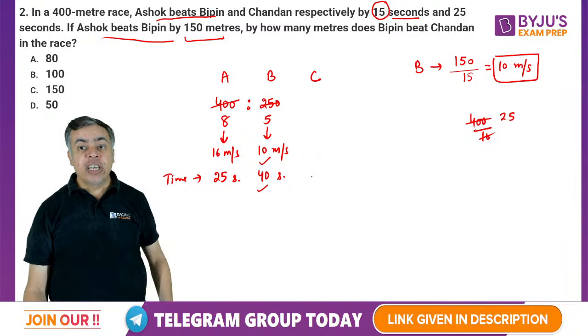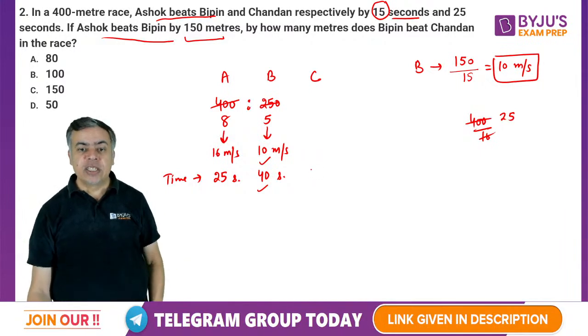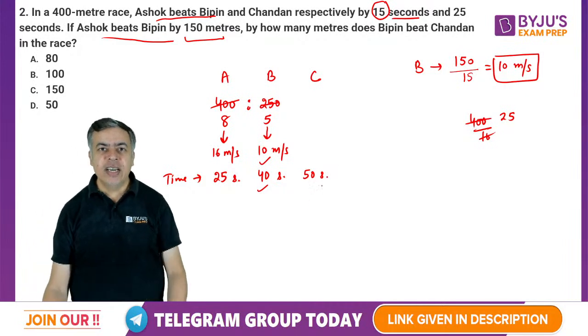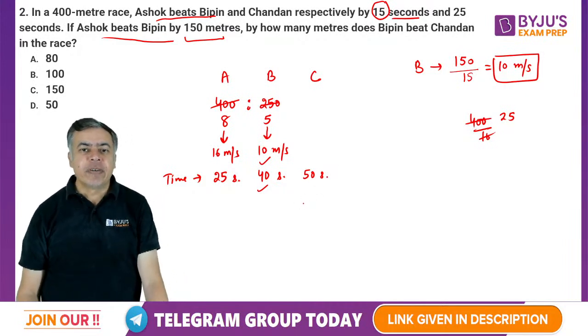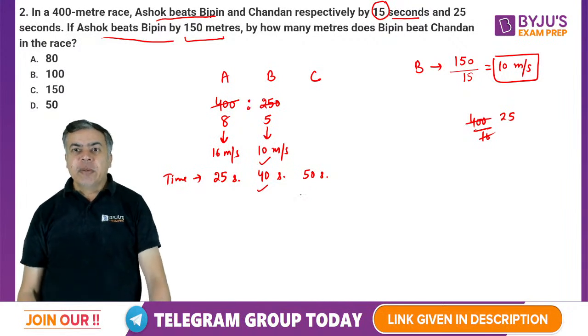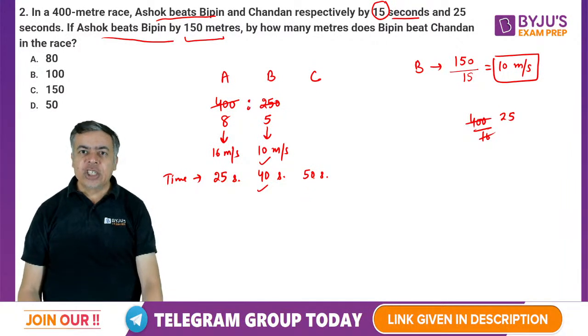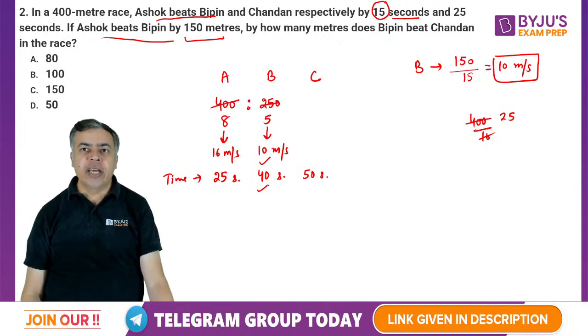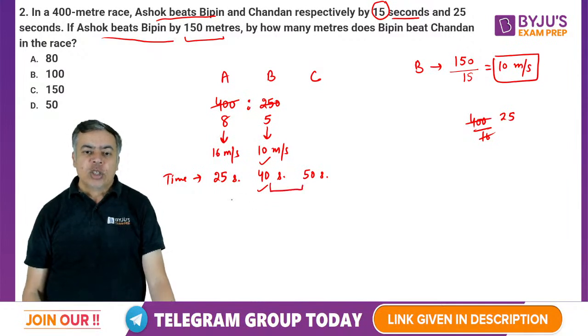And he beat C by 25 seconds. That means C will be taking 50 seconds. So the ratio of the time taken by B and C is 4:5, so the ratio of the speed must be 5:4.